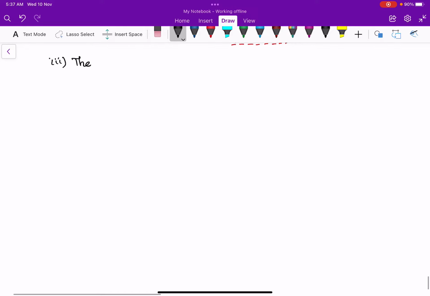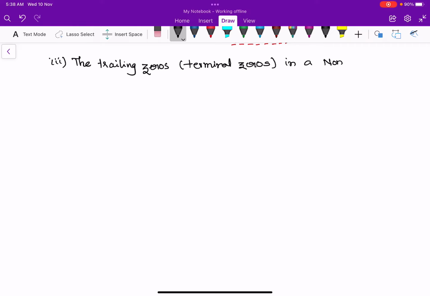Now the trailing zeros. Let us see what is the meaning of trailing zeros. We also call them terminal zeros, end zeros. Trailing zeros in a non-decimal number are not significant. They are not counted.